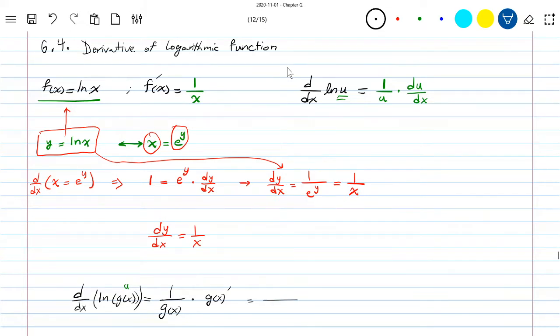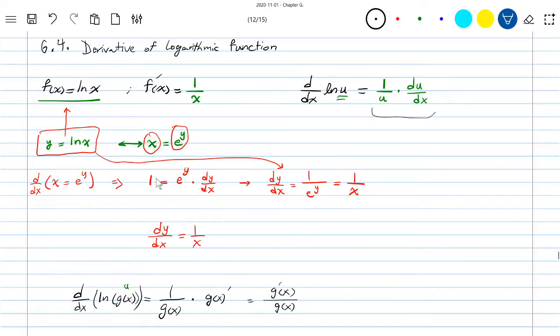Sometimes they write it this way, sometimes they write it as g prime of x divided by g of x. It's the same thing. You can use this notation of 1 over u, or you can use the function g or g prime, doesn't really matter. We'll do examples of this, but the main thing is that the derivative of ln x would be simply 1 over x.